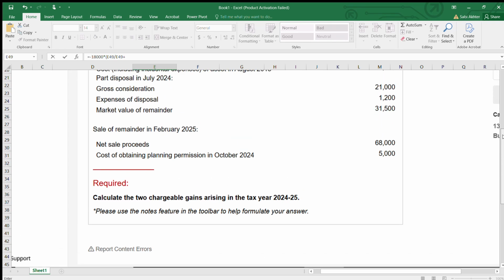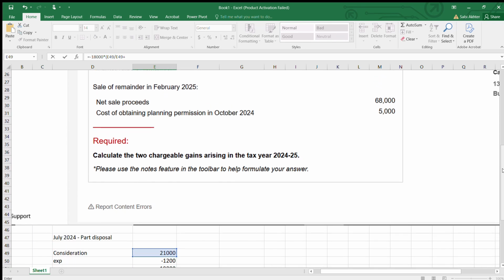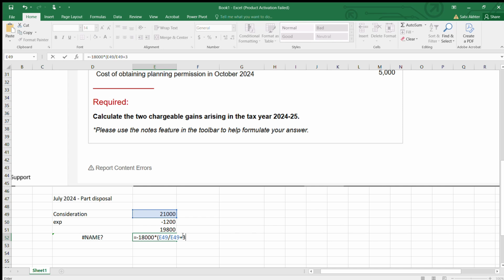The market value of the remainder, which is 31,500. So we'll close the bracket. What happened? Here we have to put the bracket.